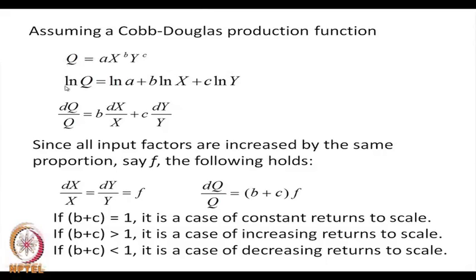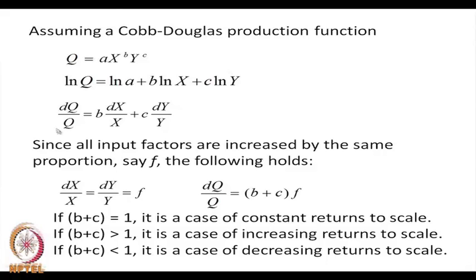Taking natural logarithm, we get ln q equals ln A plus b ln x plus c ln y. We can write from here dq by q equals b into dx by x plus c into dy by y.